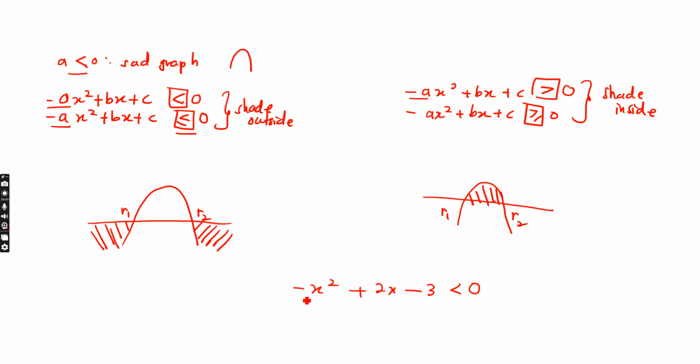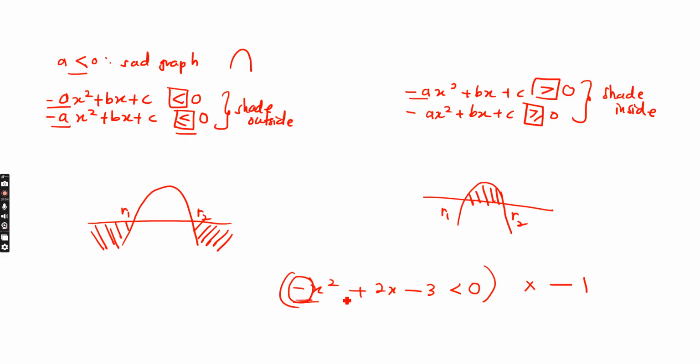We know already this is a sad graph, right? In case you are confused about which one you need to shade, what you need to do is multiply all of this with a negative value, maybe multiply with negative 1 to make it positive again. Which one to make positive? The value of a here.